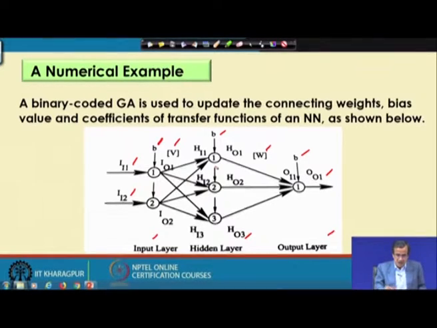Now, let us see how to represent this particular network inside the GA string, how to find out the output, and how to find out the deviation or the error in prediction. So, let us try to explain this numerical example.